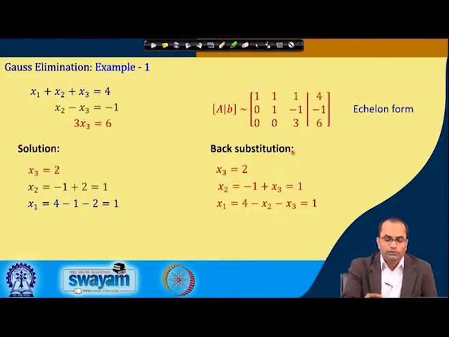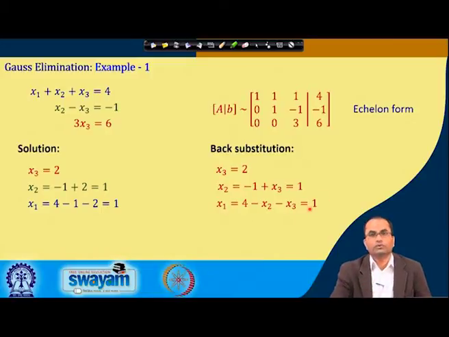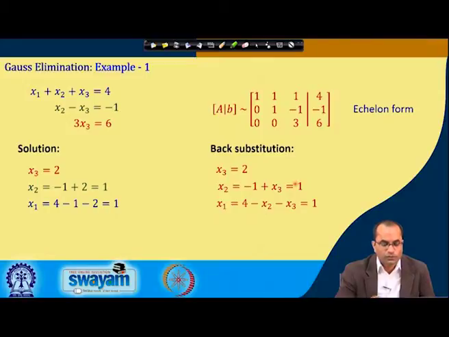Now, we will go further up to x 1, and we have 4 minus x 2 minus x 3, and that is equal to 1. So, we have x 1 is equal to 1, x 2 is equal to 1 and x 3 is equal to 2. So, we get the solution out of this back substitution once we have the echelon form of the equation.